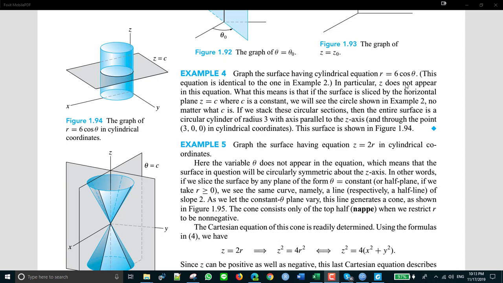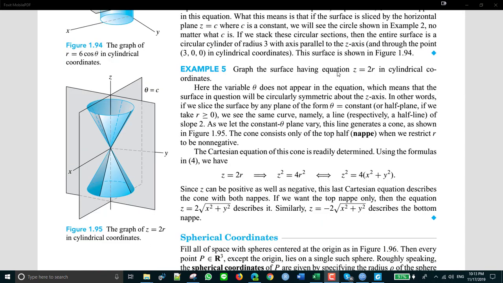So we get this cylinder, but centered here, instead of centered around the z-axis. Here's another one. Suppose we have z equals 2r, but we're talking about cylindrical, so theta is not mentioned. That means theta is free to be anything. So it turns out to look like this, and you can read through this to see that.